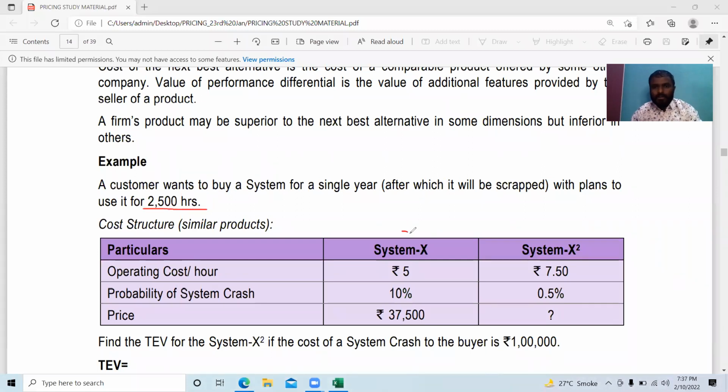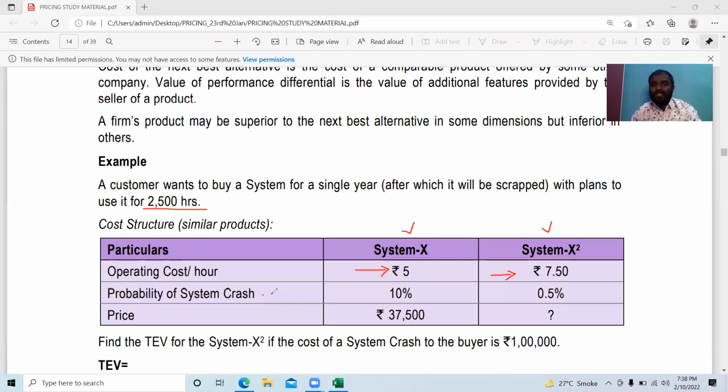There are two systems, system X and system X2, just like our example, machine X and machine Y. Operating cost per hour: what is the interpretation of this 5 rupees? If system X is operated, it will cost 5 rupees per hour. On the other hand, system X2 will incur a cost of 7.5 rupees per hour.